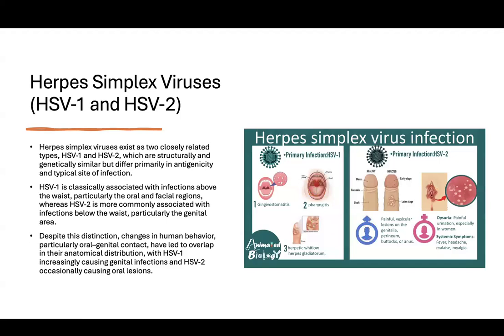So now these are more the specifics about herpes viruses. Let's go into the details of them, and let's start with your most common type of herpes viruses that we get infected with, which is your herpes simplex viruses, HSV1 and HSV2. HSV1 and HSV2 are extremely closely related. Structurally and genetically, they're almost identical. They have very small differences, and these differences come in antigenicity.